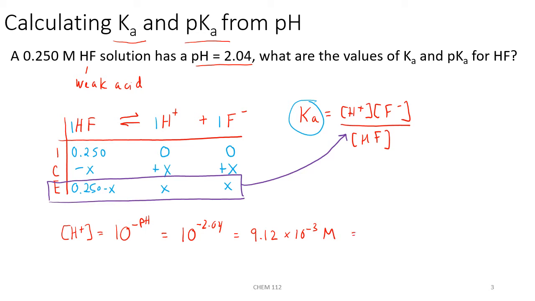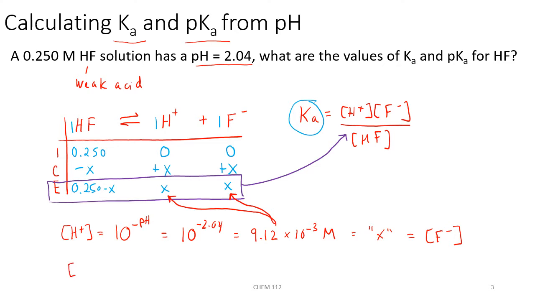That is essentially our X value. That concentration is hydrogen ion at equilibrium, and that concentration is also equal to the fluoride ion concentration. It's the same. So 9.12 times 10 to the minus third equals hydrogen ion and fluoride ion concentration.